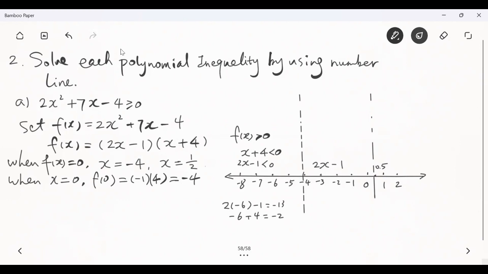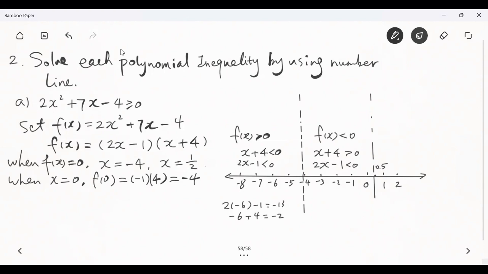And then we can check the test x equals 0, so it's negative 1. So 2x minus 1 is less than 0. And x plus 4 is more than 0, right? Because 0 plus 4 is 4, more than 0. Then one negative, another one is positive, so f(x) is negative, right?